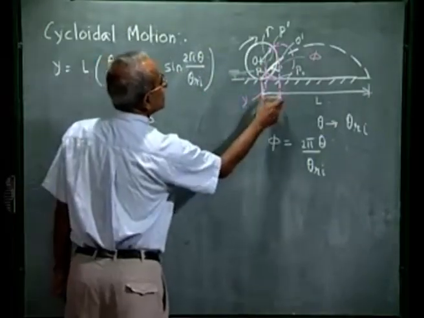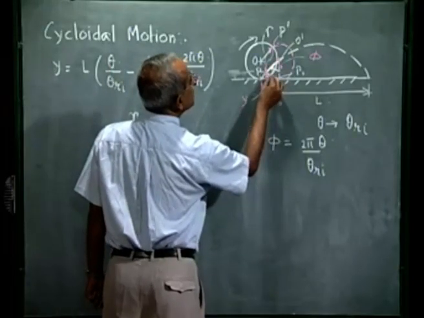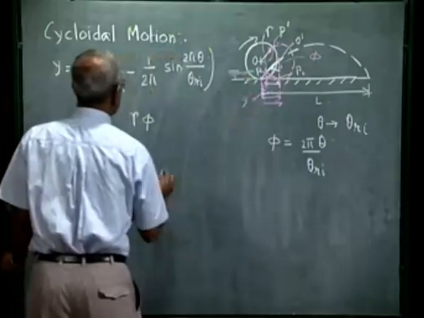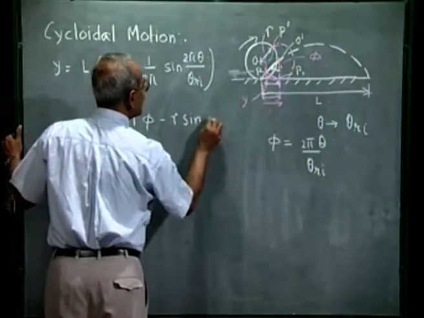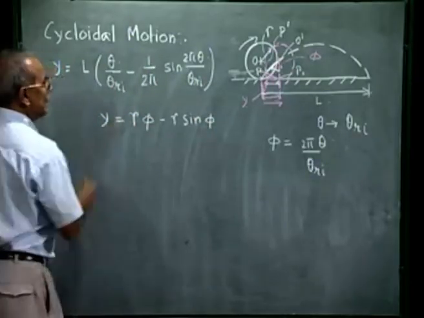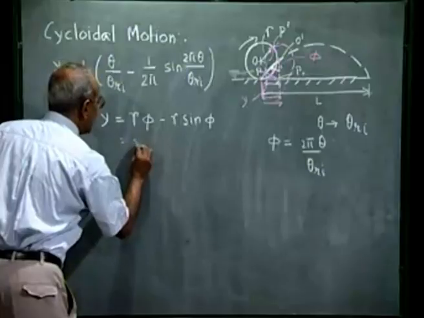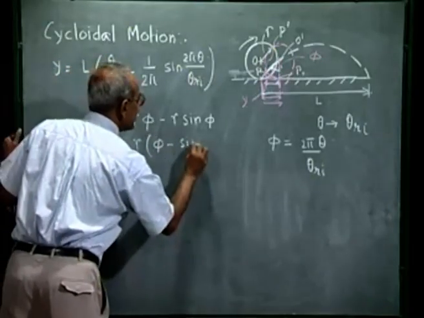And y is this minus this distance, which is r sin phi. So y is r into phi minus sin phi.